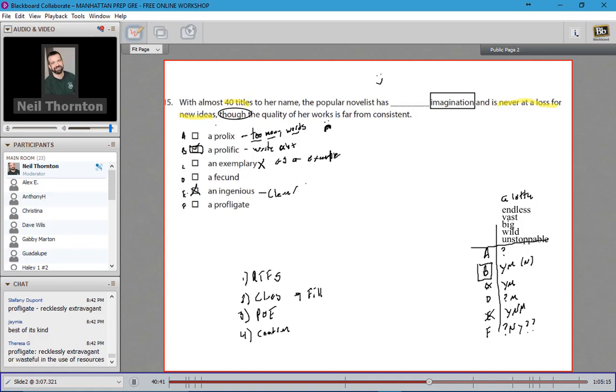All right, profligate, like recklessly extravagant, so kind of have a tendency to be. Did we get fecund? Oh, producing or capable of producing an abundance of offspring or new growth. All right, so fecund, I think about fertile and lots of new stuff. All right. Okay.